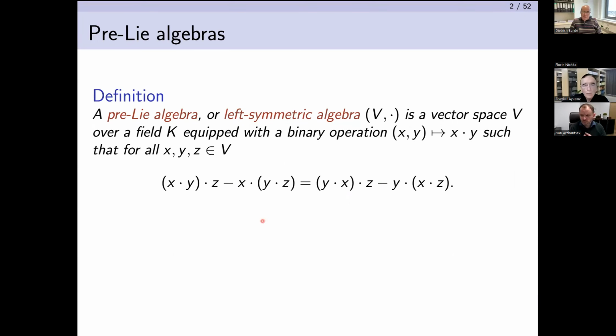This identity is written with the associator: the associator of x, y, and z equals the associator of y, x, and z. So you have to interchange x and y on the left side of the associator. Therefore it became known as a left-symmetric algebra, because in this triple you interchange the left part, x and y.